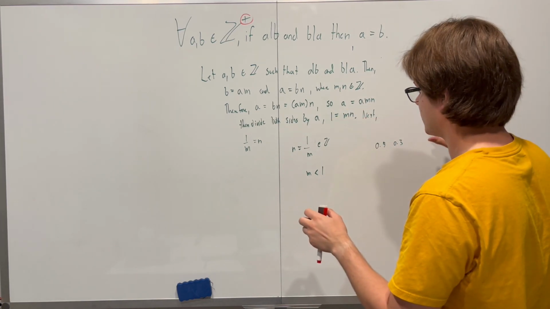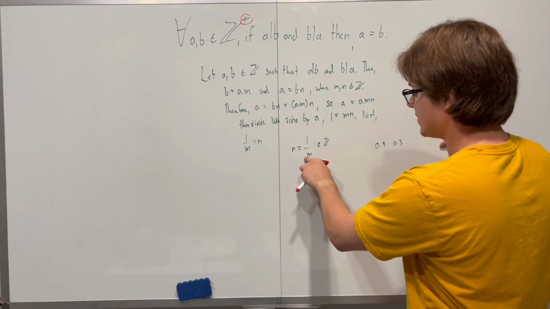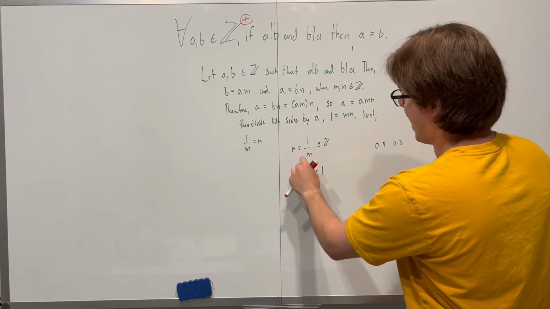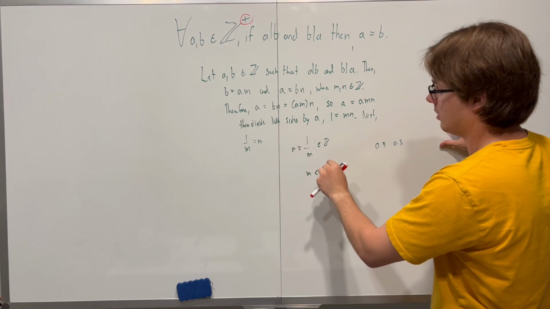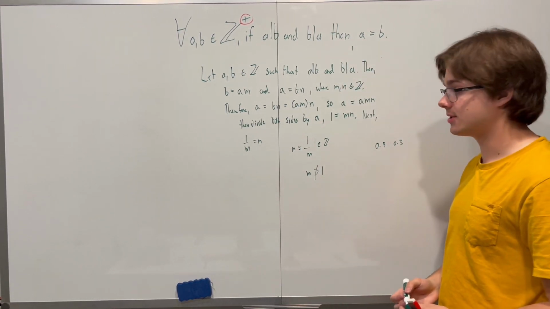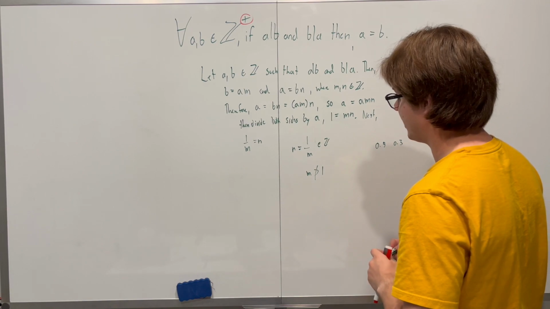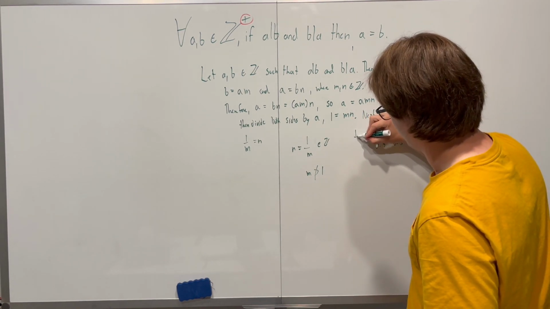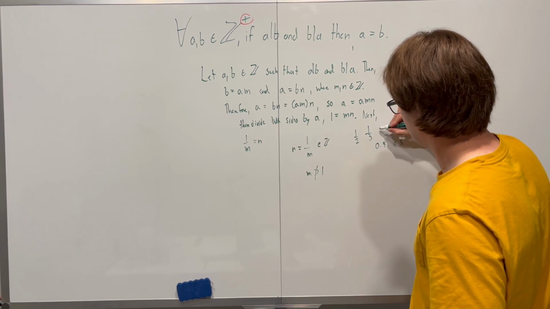Okay, I got it. So when we say this, in order for n to stay an integer, m cannot be greater than 1. This cannot be true, right? Because when we say m is greater than 1, then this would end up being something like 1 over 2, 1 over 3, so on and so forth, right?